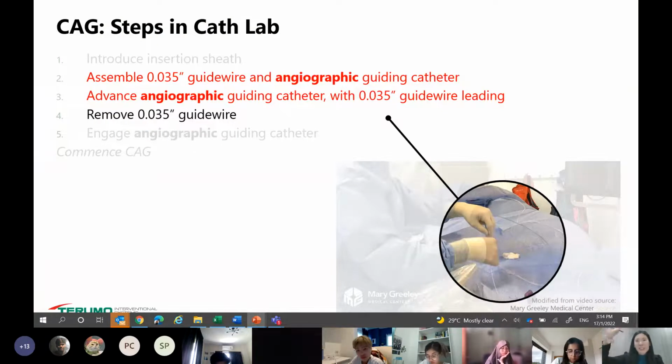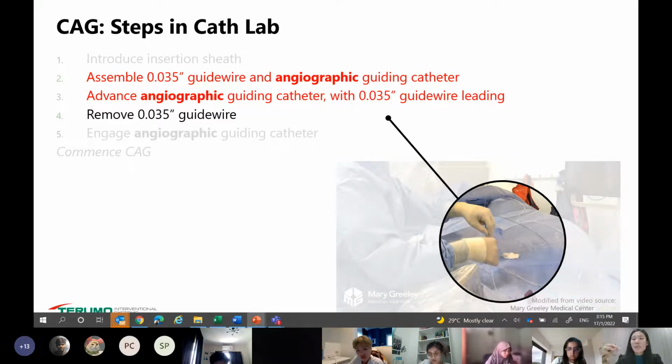So just now, in a very big picture, it's very simplified, but the more accurate step is what you're seeing here. This is actually done on a real patient, right? After the introducer sheath is inserted into the body, they will assemble the 035 guide wire and the angiographic guiding catheter. All of these steps will require priming.